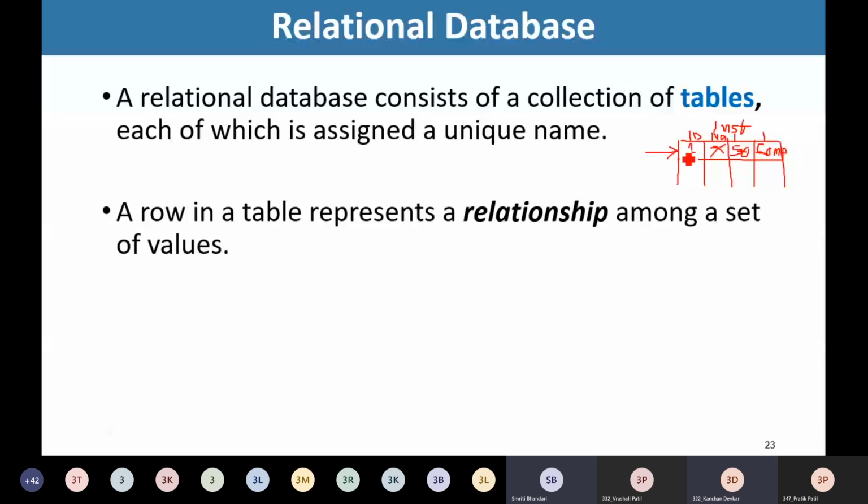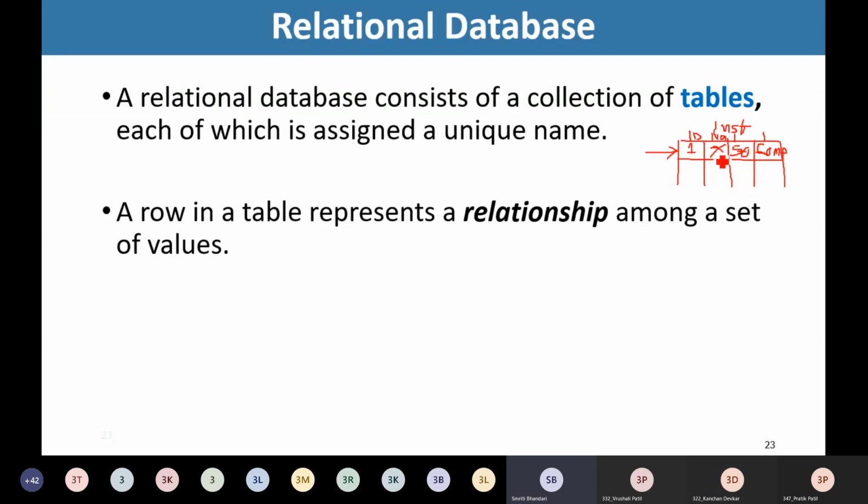So whenever I'm referring to a row, all these individual values associated with the respective attributes provide me some sense, some relationship among them.